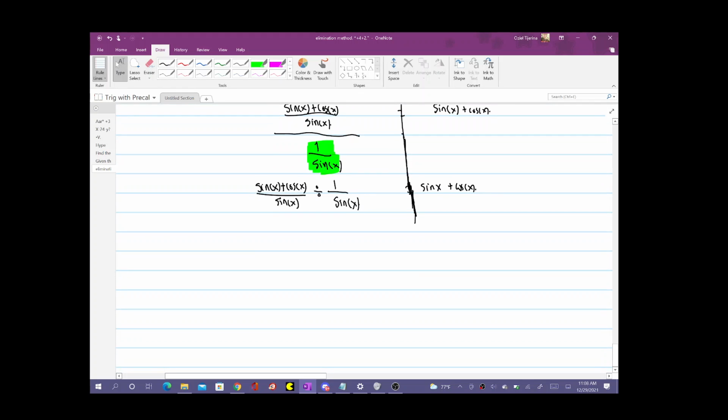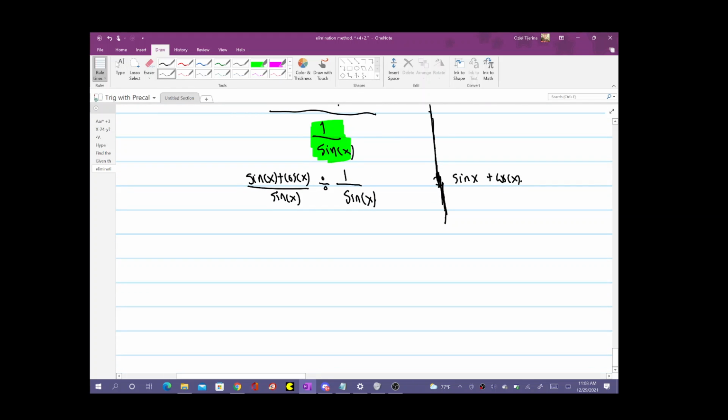So now this turns into, because I was looking at it and I was like, wait a minute. So this then becomes sine of x plus cosine of x, or I'm sorry, over sine of x, times sine of x over 1.